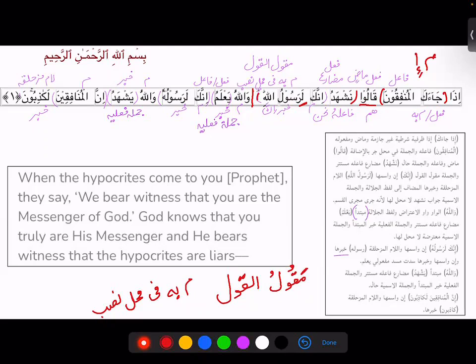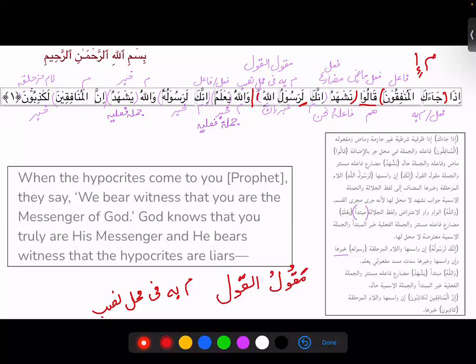Now we need to dissect further. So nashhadu, we already said failun mudari'un, failuhu nahnu, right? Now we have the fail already. What else do we need? Mutalik bil fail or maful. So do we see any maful here?